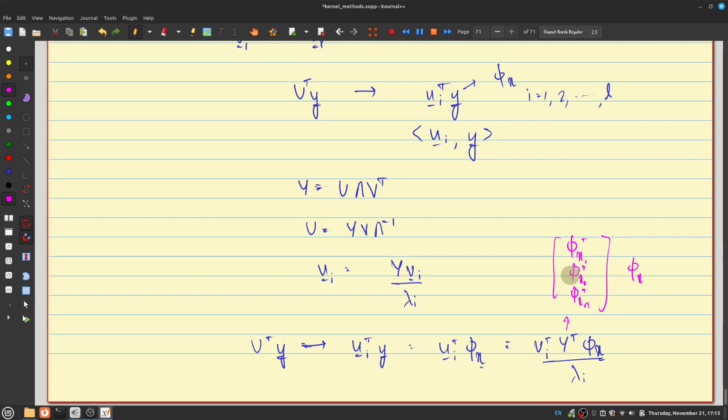This is again just a bunch of inner products which you can evaluate using the kernel K. So this whole thing just happens to be K of x1, x up to K of xn.